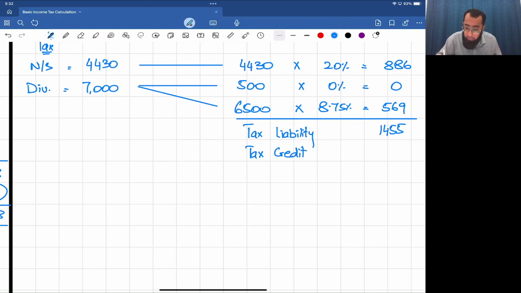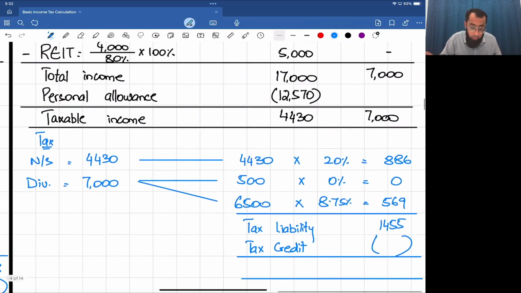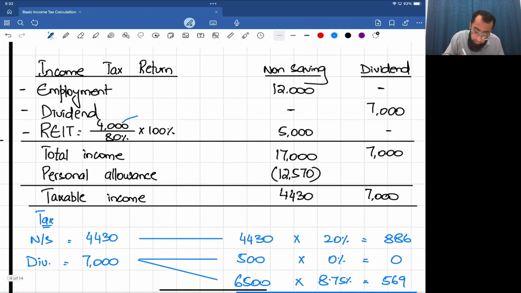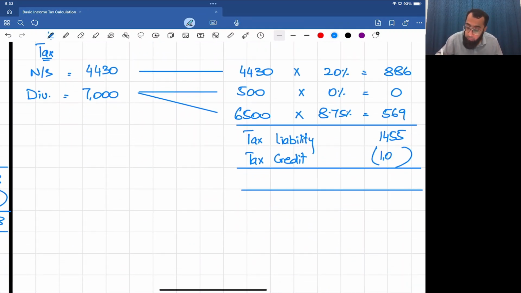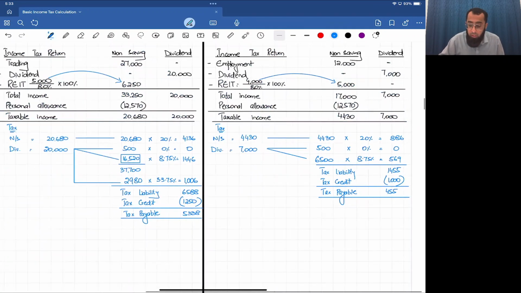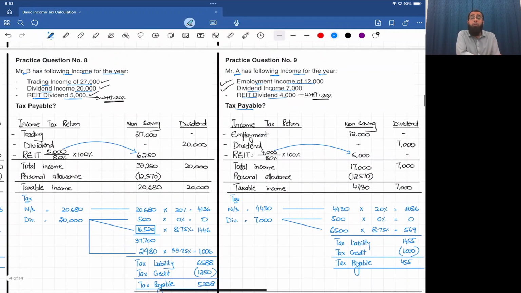Let's adjust that, and we'll get our final tax payable. So what was the advance tax? You grossed up the REIT from 4,000 to 5,000. Withholding impact, so 1,000 was paid in advance. So here you go, your tax payable is 455. If you look at this question, I believe that this was an easy one.